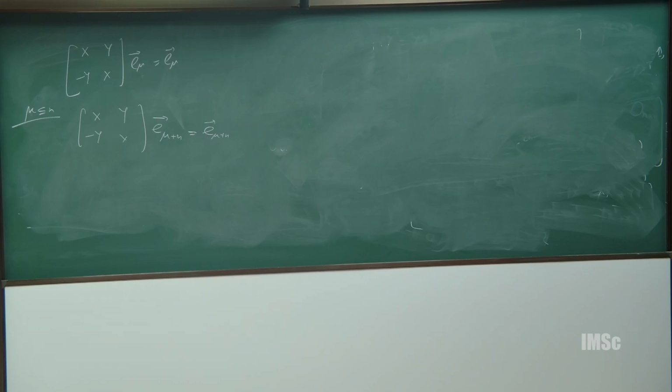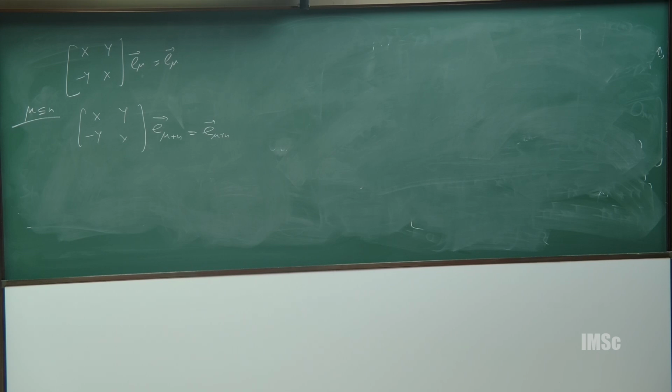Now, does it not also happen for SO2n, that there are always two vectors which are not moving? That does not happen, right? If E mu remains invariant, E mu plus n will also remain invariant. For a general rotation, that is not the case, there is no constraint.